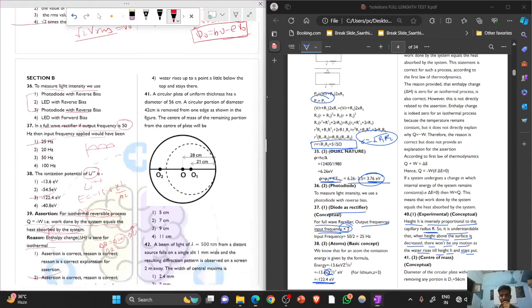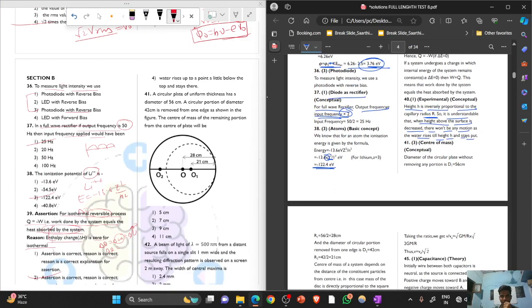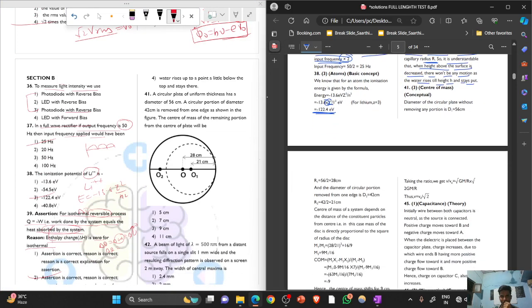Now moving ahead. A circular plate of uniform thickness, with a circular portion of diameter cut out. You know that the center of mass is (A1 x1 minus A2 x2) by (A1 minus A2).